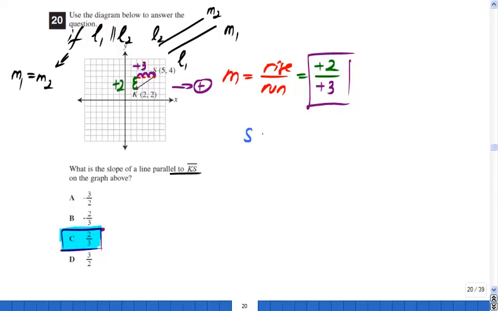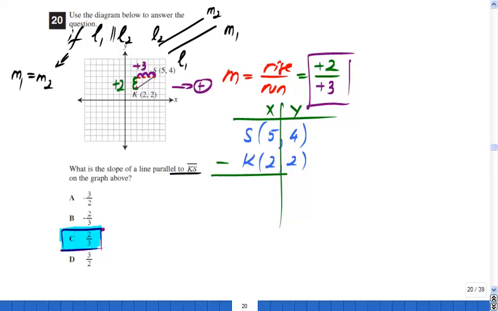Take your points. I have point S, coordinates 5 and 4. Take your point K, coordinates 2 and 2, and stack them up like this. Doing it this way, I have my X column, I have my Y column. Subtract bottom from the top.